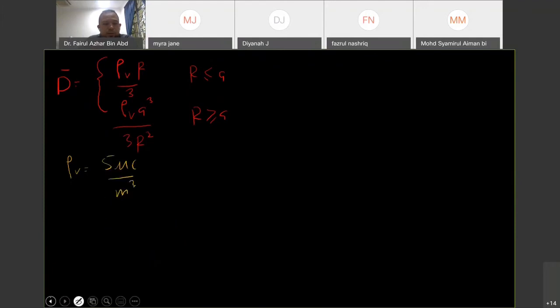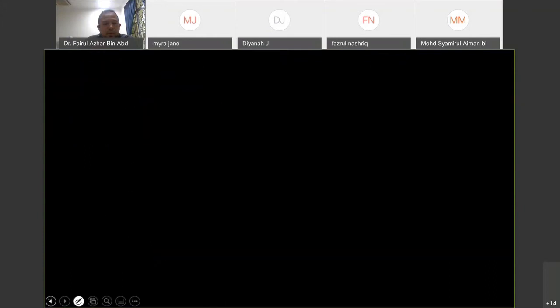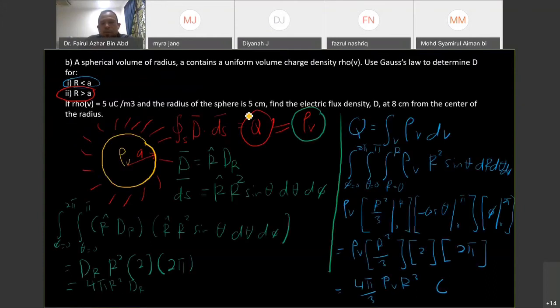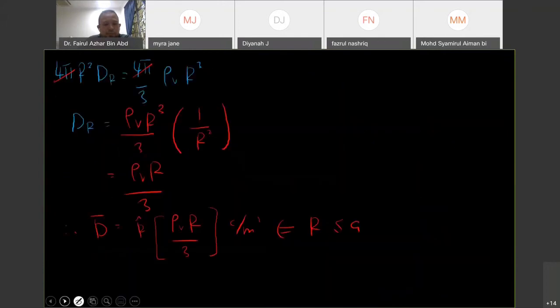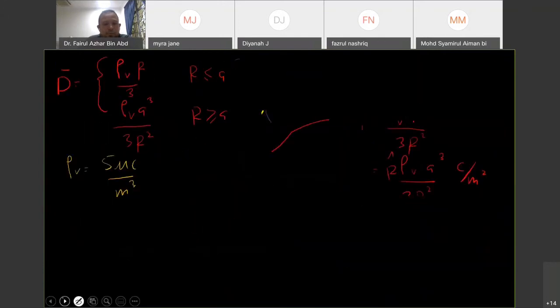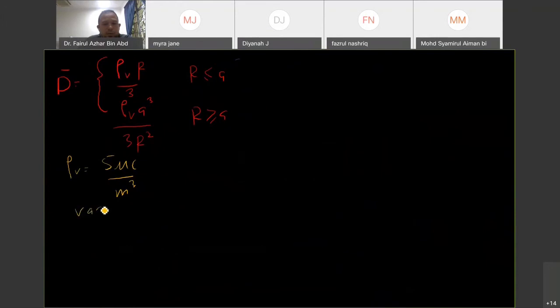Okay. And what else? Radius is 5. So the radius of that charge is equal to 5 cm, and the point is located at 8 cm away from the center of the charge.